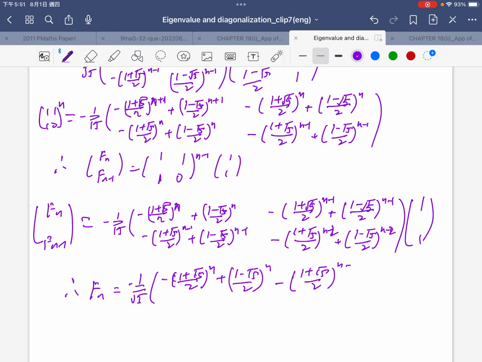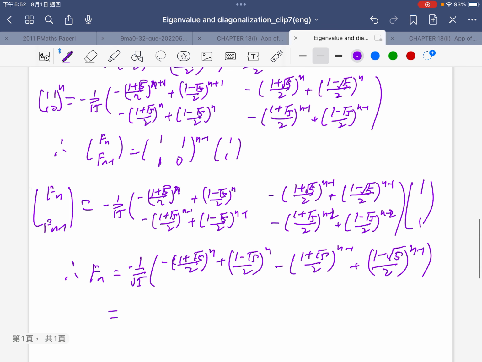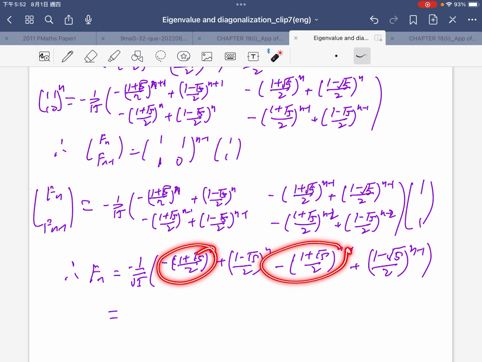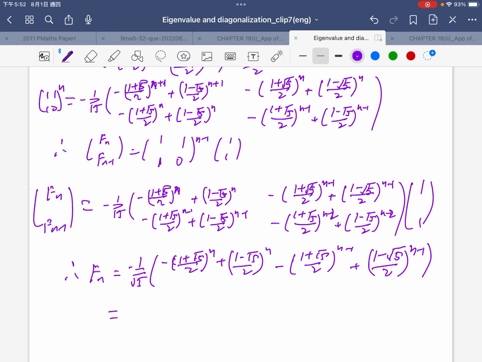Oh, crazy. I can't believe that it is so complicated. And these two, factorize the common factor and simplify.